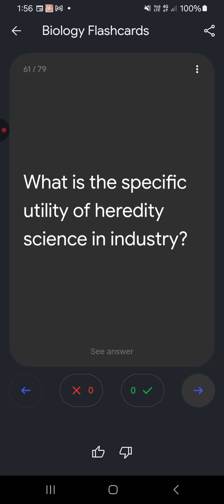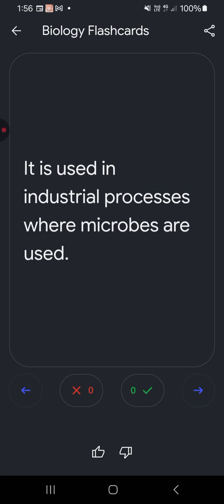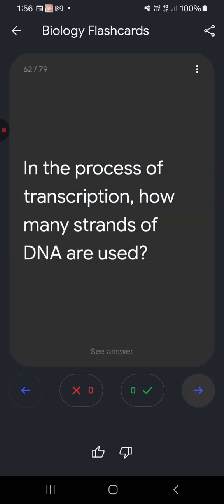What is the specific utility of heredity science in industry? It is used in industrial processes where microbes are used. In the process of transcription, how many strands of DNA are used?